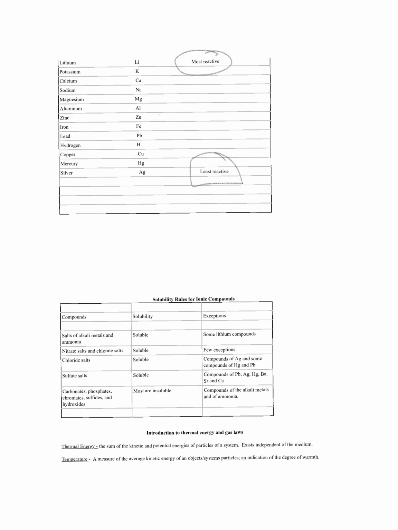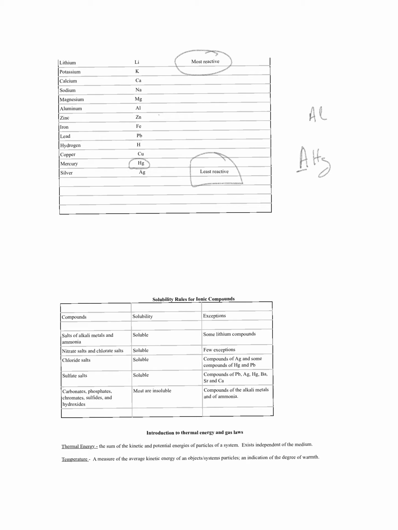The elements towards the top have a tendency to replace those further down in a chemical reaction. So let's say I have mercury bonded with something. Let's say we have AHg, right? Hg is mercury, and another chemical comes around. Let's say you have aluminum, Al.